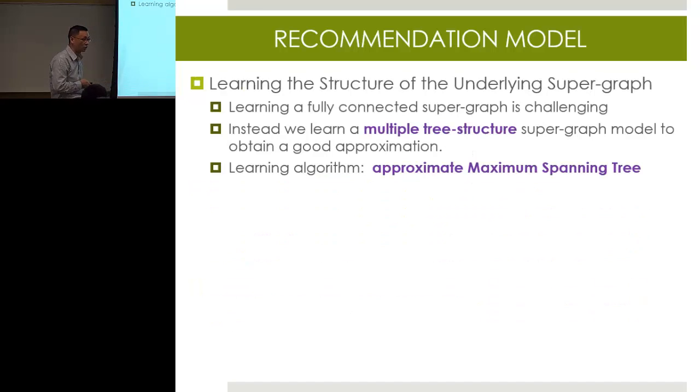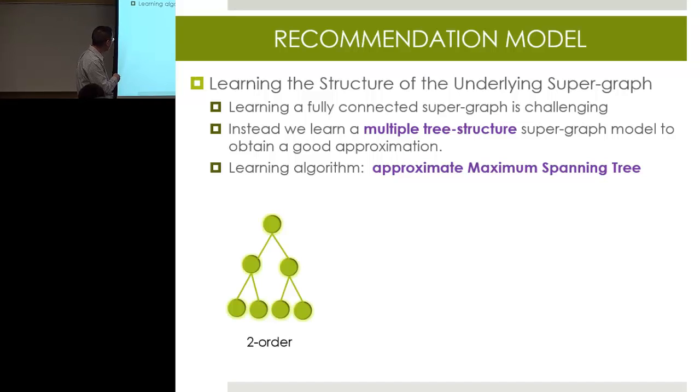But still the same: based on the supergraph, you can also have a fully connected one, but in this case the learning process and inference process will be quite challenging. So instead, we propose to use a tree-structured supergraph, but we use multiple supergraphs, because some friends mentioned that makeup or beauty recommendation is quite subjective. Different people may have different recommendations.